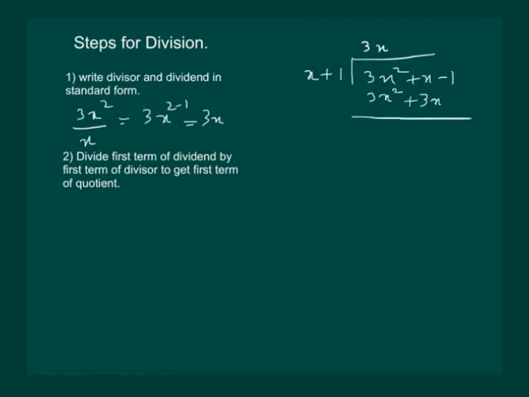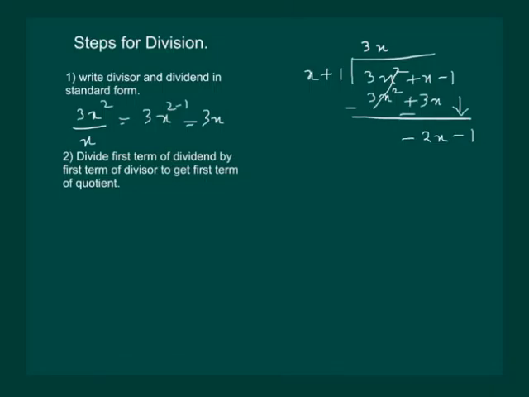Now we have to subtract, so we change the signs and our first term gets cancelled. We are left with minus 2x, and let us carry this down. We get minus 2x minus 1.